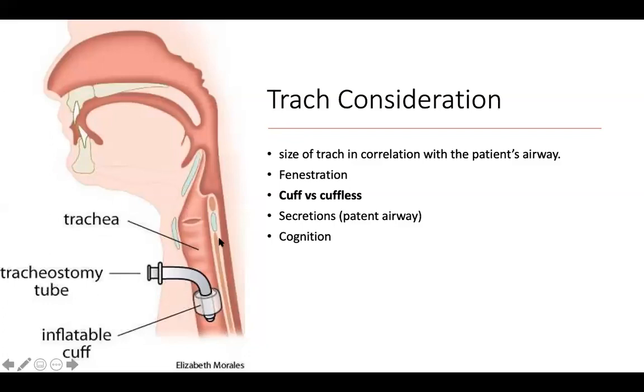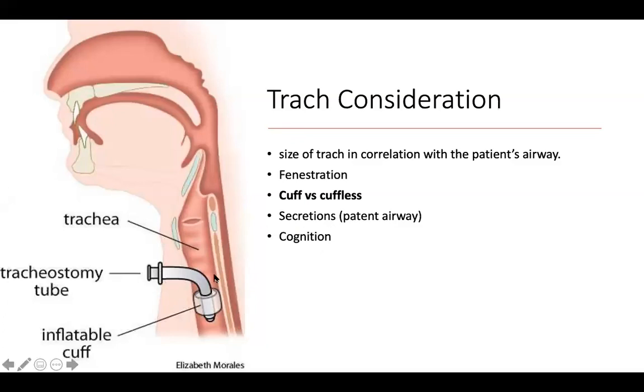So that's why we can never, never, never have a cuffed trach fully inflated, because the air cannot escape freely. So patient needs to have a small trach in comparison to their airway. If it has fenestration, definitely better, because it will give more room for the air to escape, and the cuff needs to be fully deflated, okay?